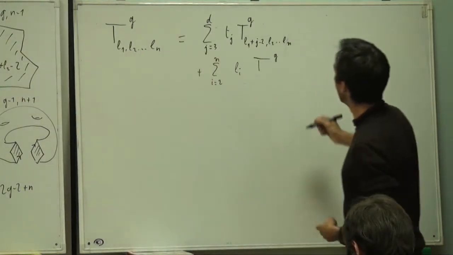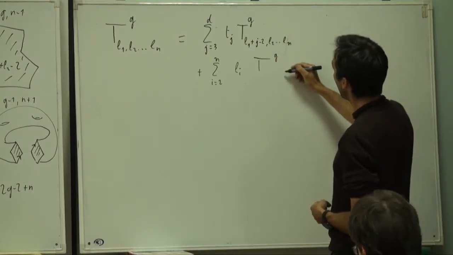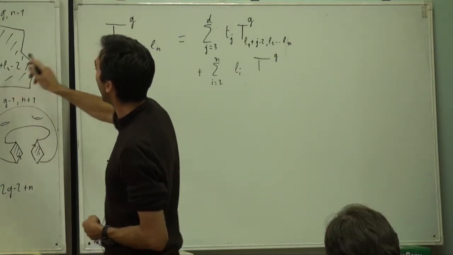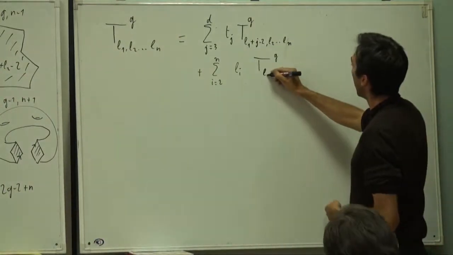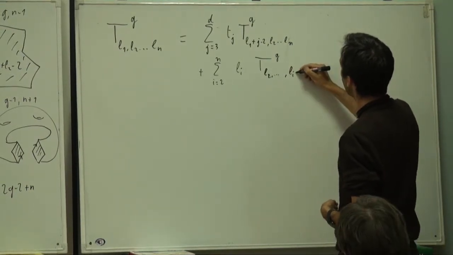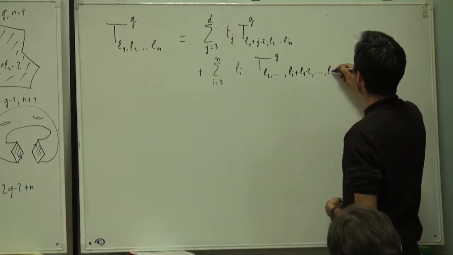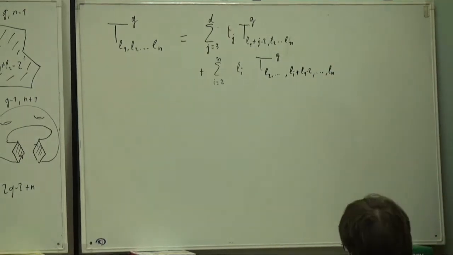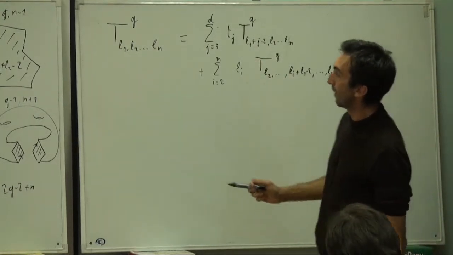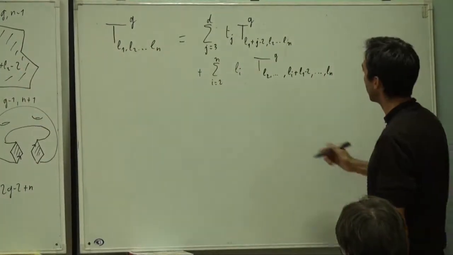So we have somehow erased the face number i in this list, and we have replaced it by a face of length L1 plus Li minus 2. So L2 and so on, and instead of Li, I replace it by Li plus L1 minus 2, and so on, Ln. The others are unchanged. And this Li is because we have Li ways to mark the edge.